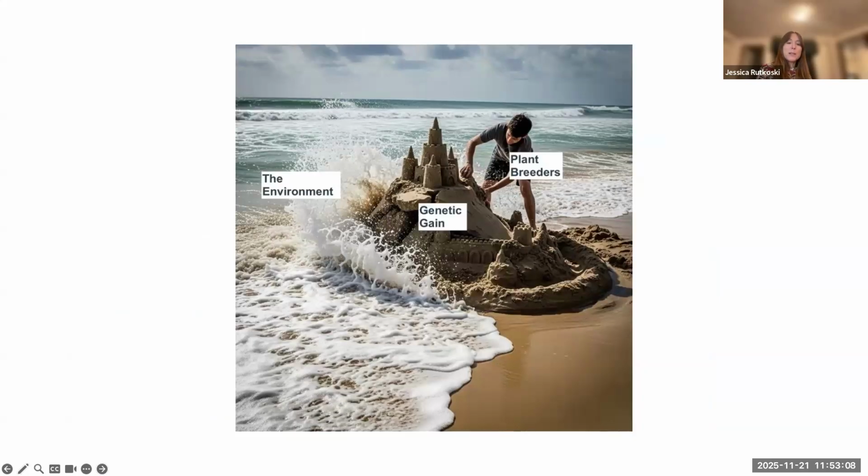So I think this is a great analogy here where, as a plant breeder, we're trying to make progress. We're trying to build this sandcastle, which is like our genetic gain. We're improving our population, right? That's my analogy. We're trying to improve our population, achieve some genetic gain. Meanwhile, the environment just keeps trying to erase the progress that we're making.